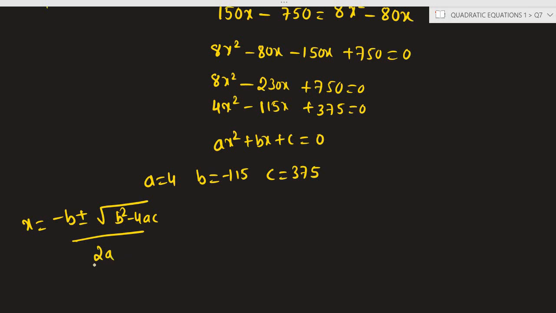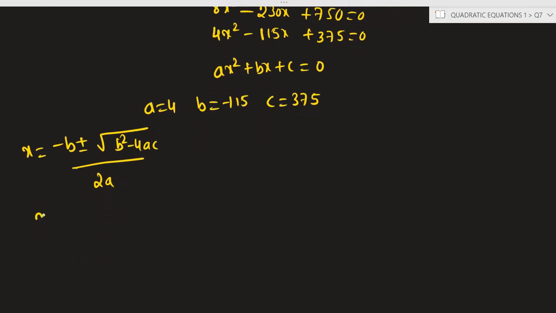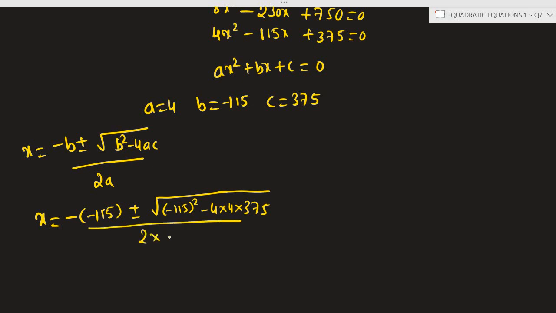Substitute the values. x is equal to minus of minus 115 plus or minus root of minus 115 bracket square minus 4 into 375, divided by 2 into 4.